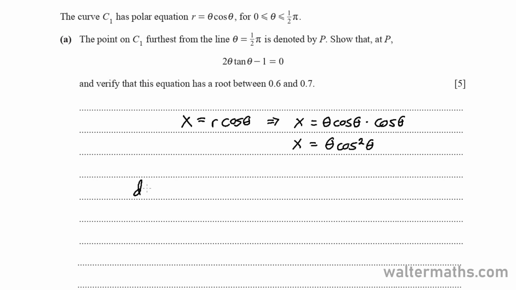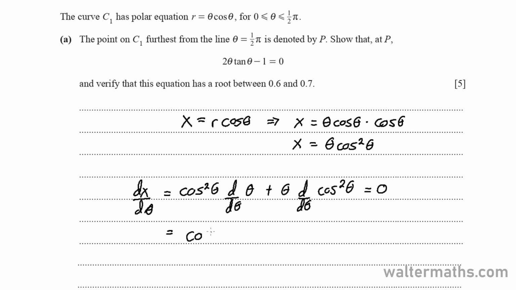So we are now saying dx by d theta is equal to, and we differentiate the product, so that will be cos squared theta times the derivative with respect to theta of theta, plus theta times the derivative with respect to theta of cos squared theta. And this is all going to be equal to 0. Now differentiating theta with respect to theta, we get 1.